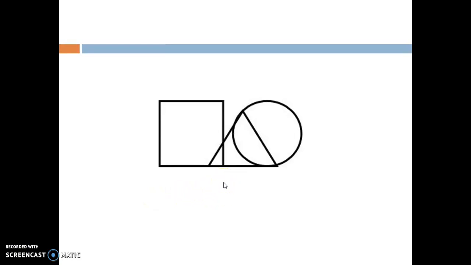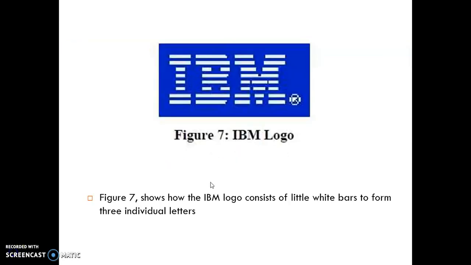Even if they overlap, we can see the shape rather than a bunch of lines. In this picture, you will probably notice a square, triangle, and a circle, even though they are rather thickly blended together.